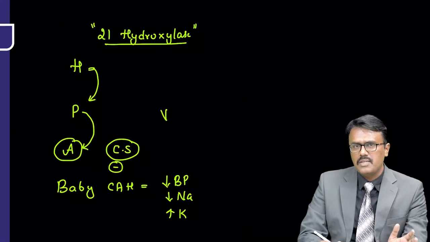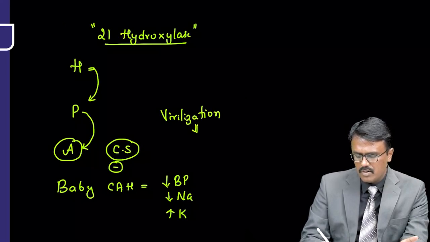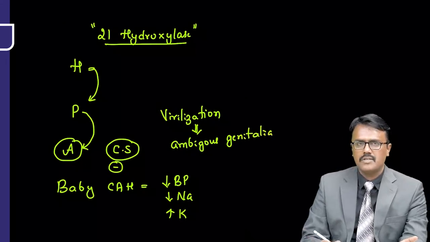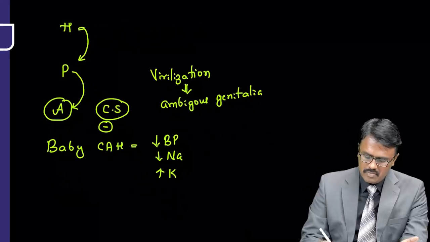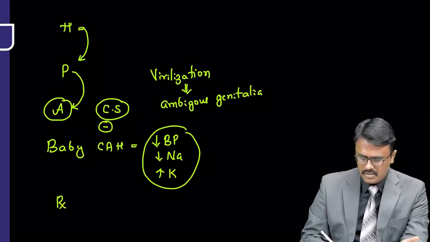Congenital adrenal hyperplasia will also have virilization features, and that will lead to ambiguous genitalia, particularly in the female fetus. So when the baby is born with this problem, what is the treatment they can ask you? The treatment is hydrocortisone.